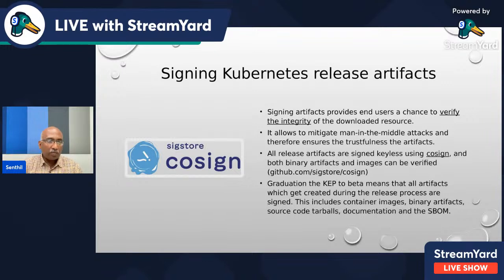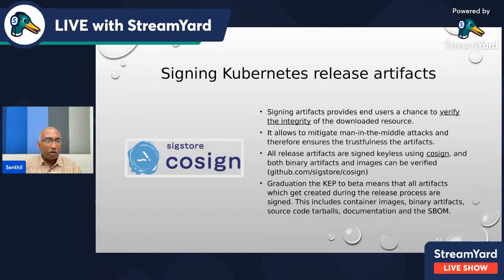Making these artifacts more trustworthy, right? Signing, as a technology or a tool, is widely used everywhere for verifying the integrity of any artifact. It is called a digital signature.